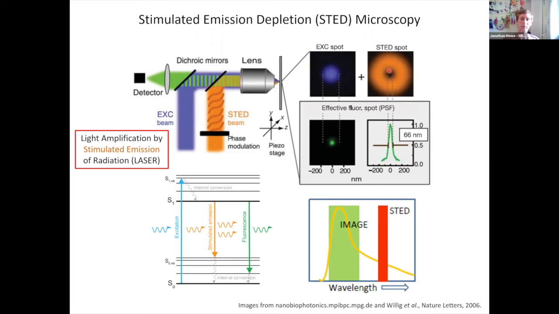So that means your effective emission spot becomes smaller. Practically, we select a STED wavelength at the tail end of the emission spectrum of the dye, and then we detect only the shorter wavelength emission coming from the dye, which is the fluorescence emission. And I should say stimulated emission, in case you're interested, is what the S and the E in the laser acronym stands for.